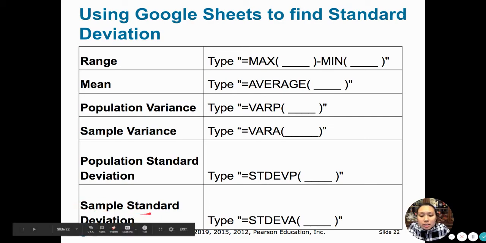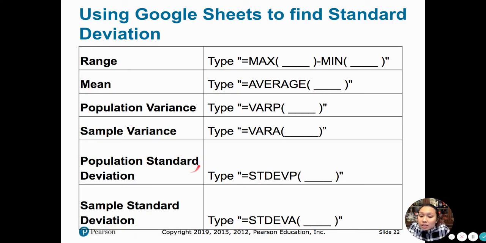And this is going to be a sample of what we're working with. It's not going to be the entire group most of the time. But if you were to, say, gather data from every single person that wants to be studied or every single thing that you are trying to study, then we would go ahead and use the population standard deviation, which divides by n instead of n minus 1.